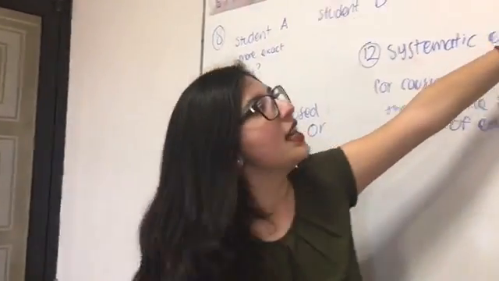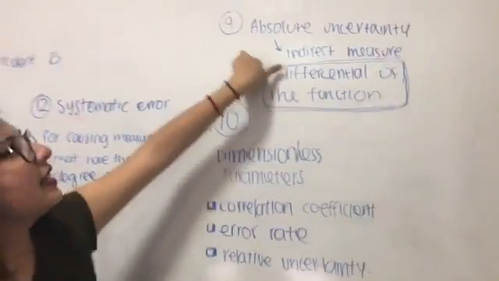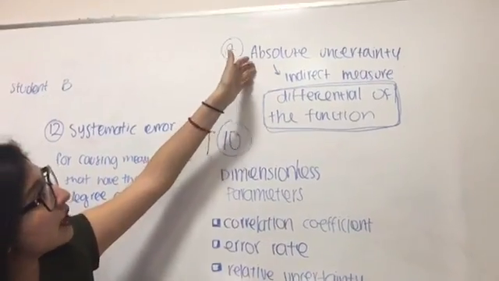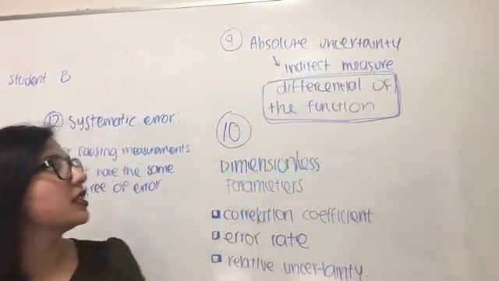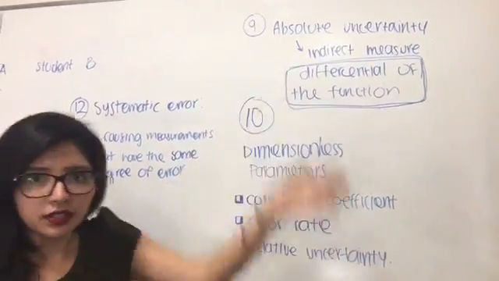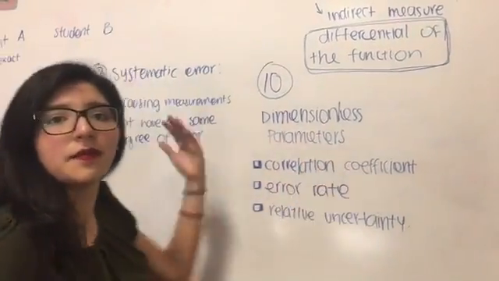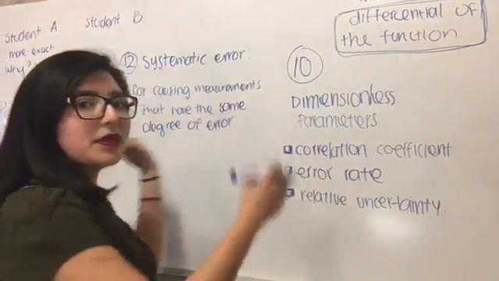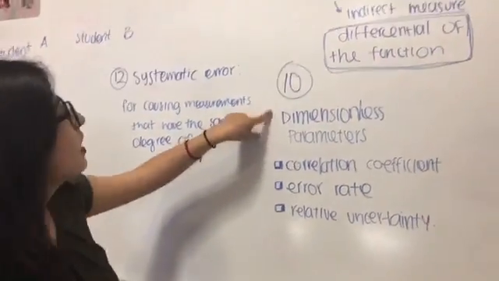Then number 9. We understand that when you have to obtain the absolute uncertainty of an indirect measure, you have to use the differential of the function, like the ones we did in previous questions.